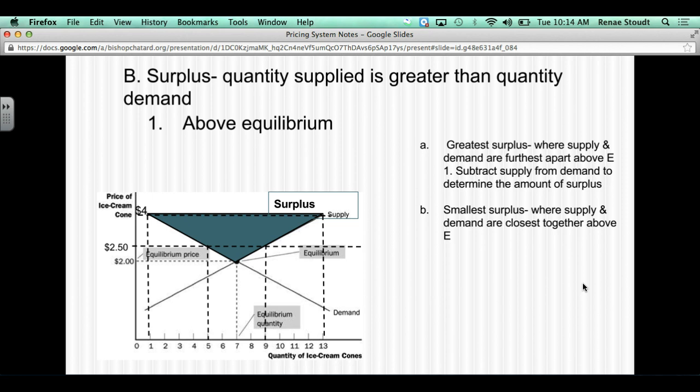So it's the closest points that are above equilibrium, and just like I said, this is an upside down triangle, so you can tell that we are getting closer and closer together, so our surplus is getting smaller and smaller. Again, to figure out how much of a surplus we have, we are going to be subtracting supply from demand to determine the amount of surplus.